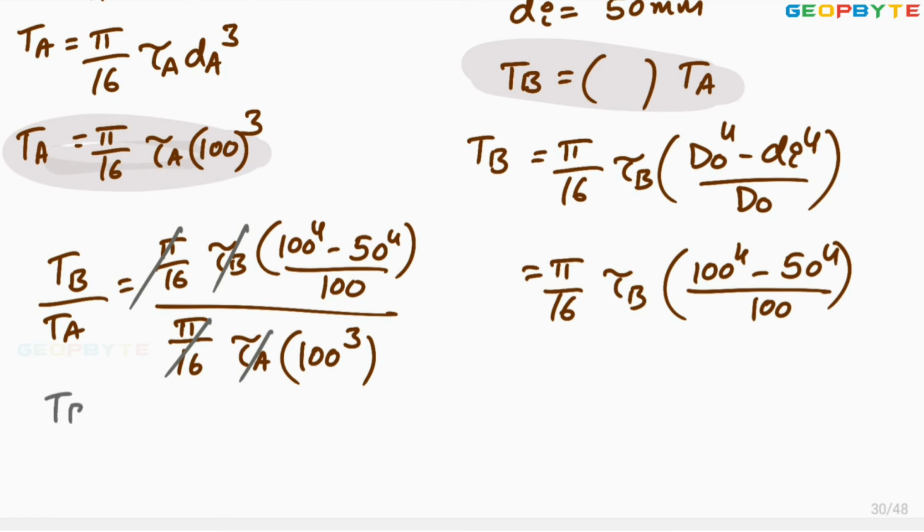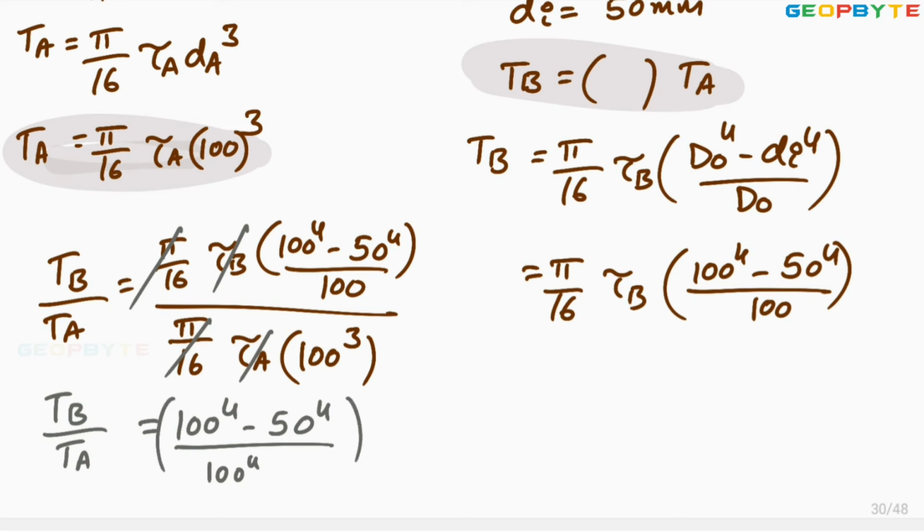Finally, it is TB by TA equal to 100 power 4 minus 50 power 4 divided by 100 power 4. You simplify this value for getting around 15 by 16. Therefore, torque transmitted by B is equal to 15 by 16 times the torque transmitted by A.